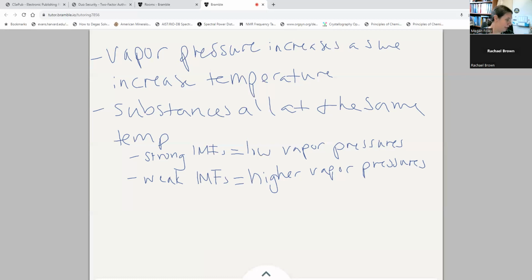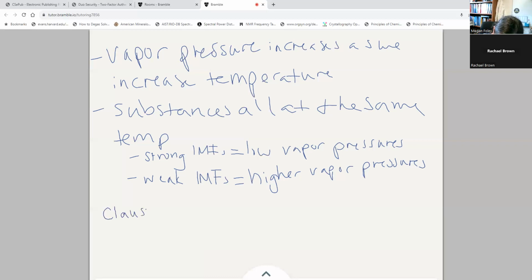Okay. So vapor pressures are going to increase with weaker intermolecular forces, and they're going to increase with higher temperatures. We can relate the vapor pressure for a substance with the energy that's required to get it into the vapor phase, or the enthalpy of vaporization, using what's called the Clausius-Clapeyron equation.